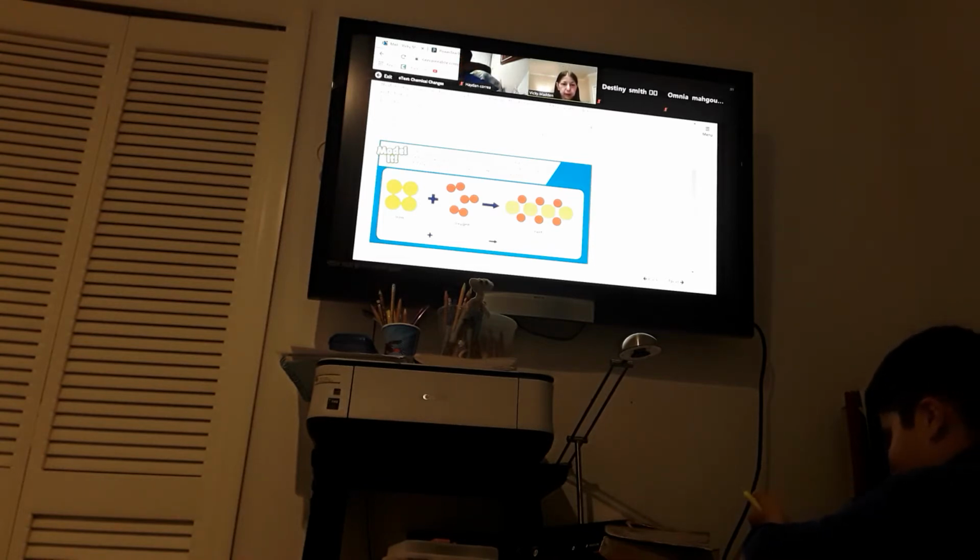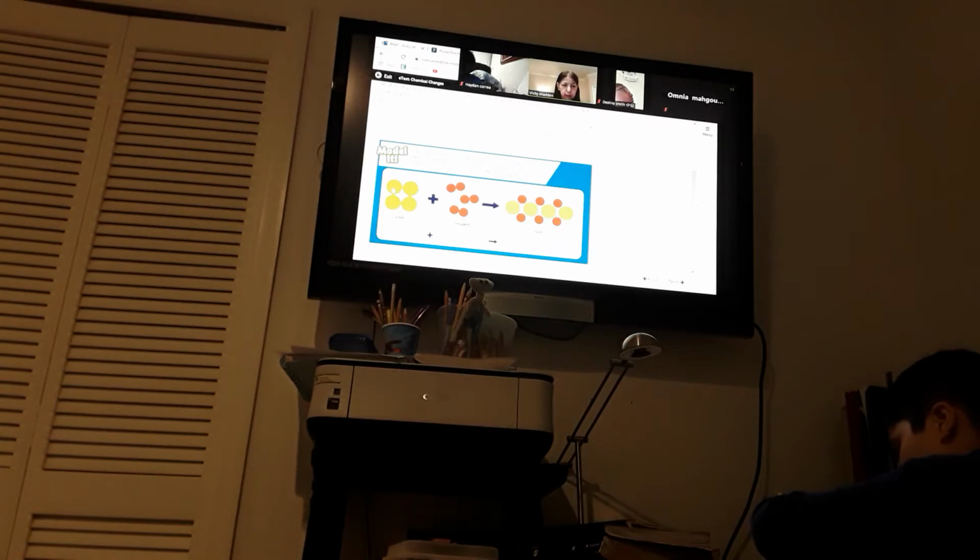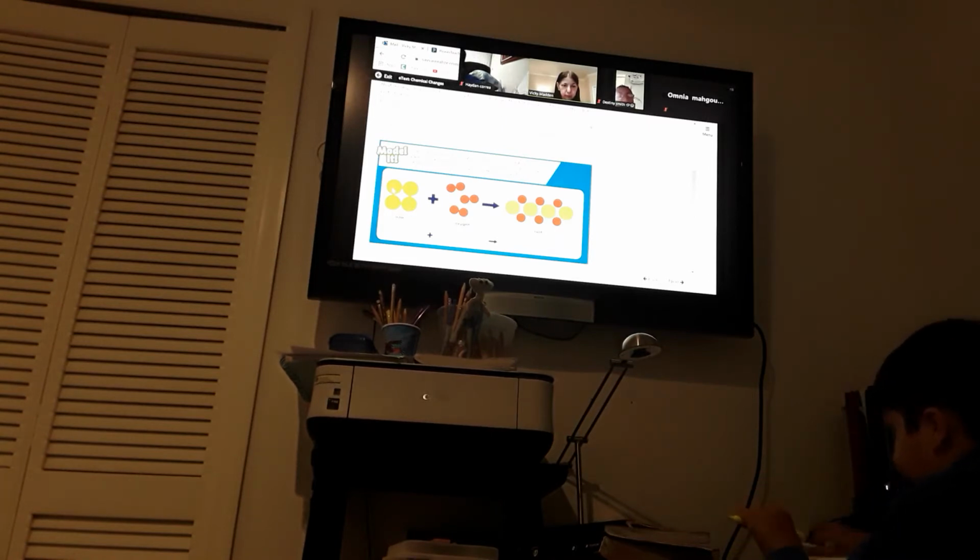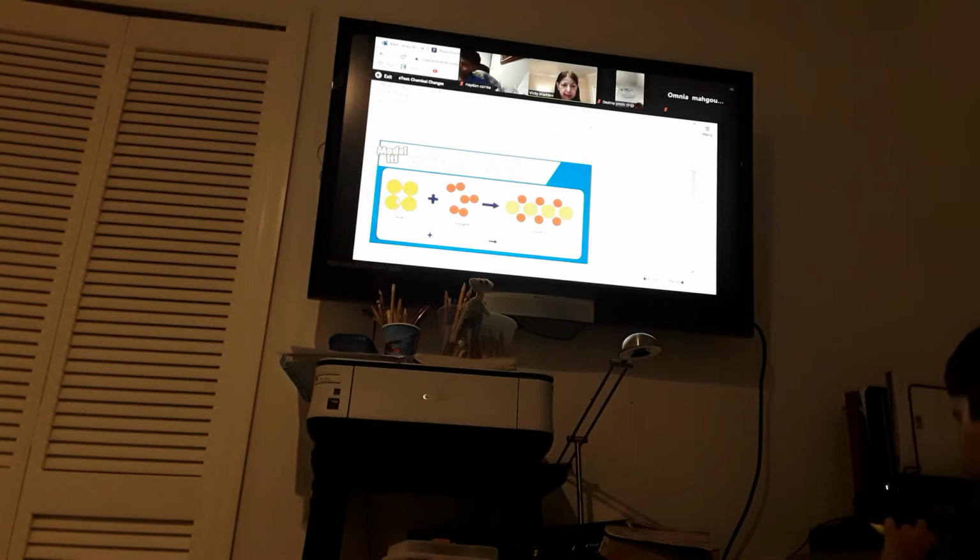So if you were to do this, ladies and gentlemen, with this model, each orange particle has a mass of 4 units. 4 plus 4 plus 4 plus 4, right? 4 times 4, which equals 16. Okay.